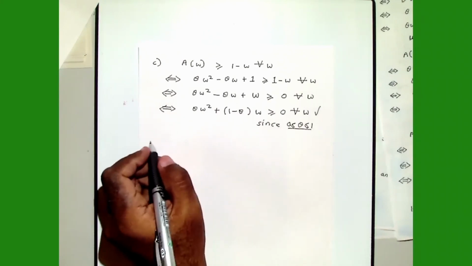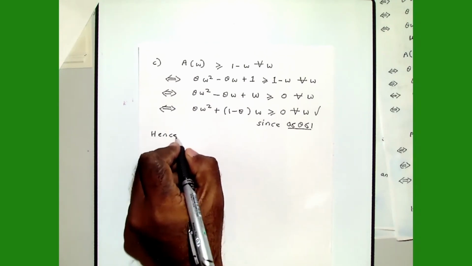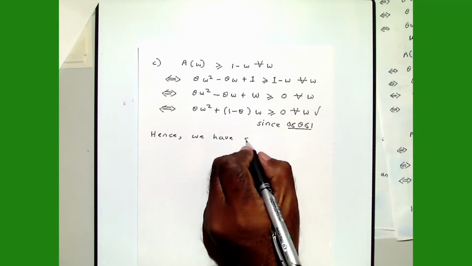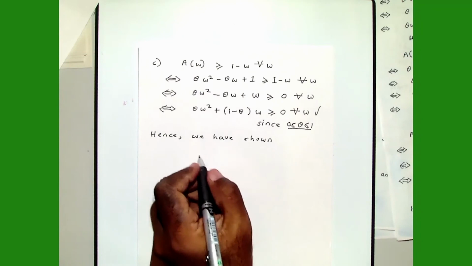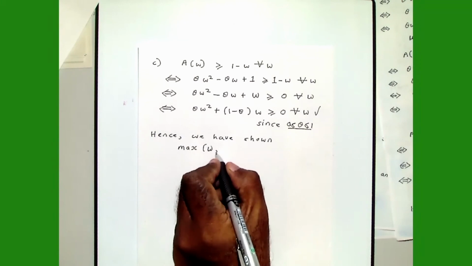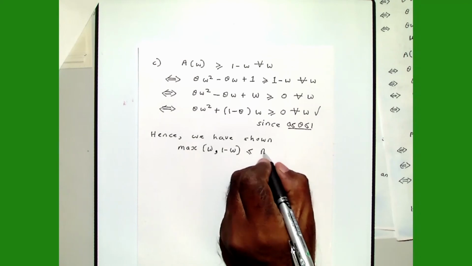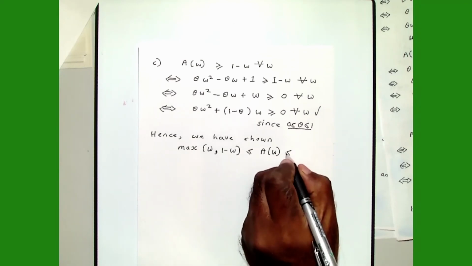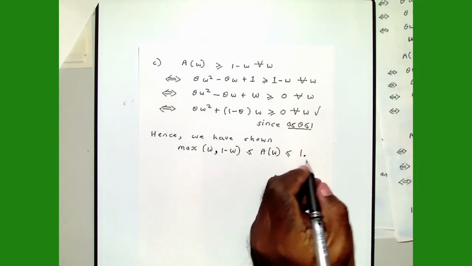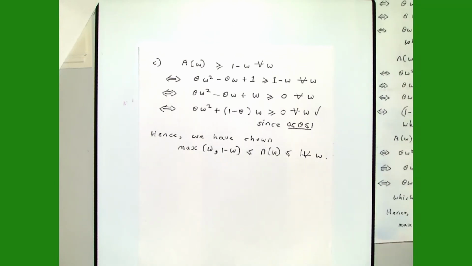So what we have shown is that A of W is between these two for all W. All right.